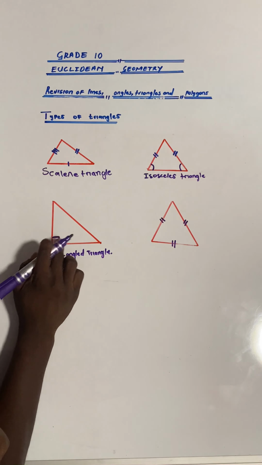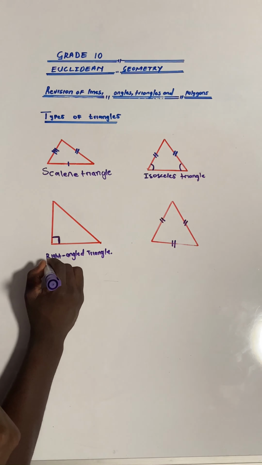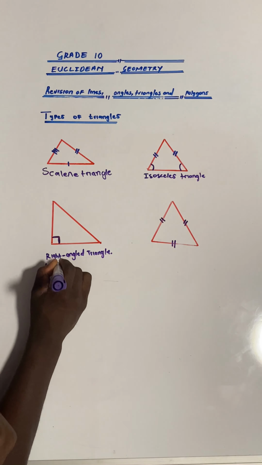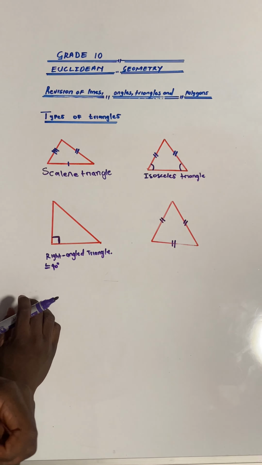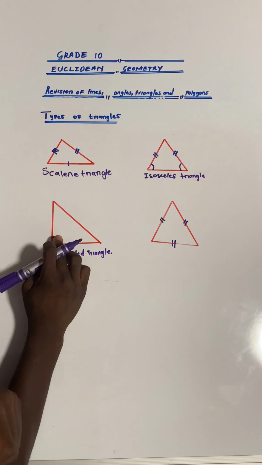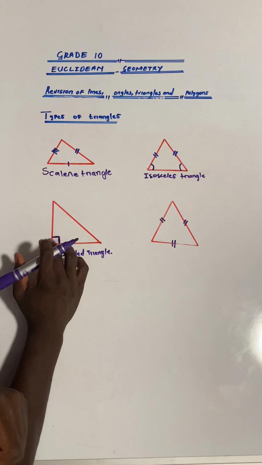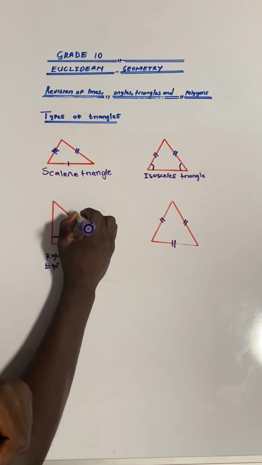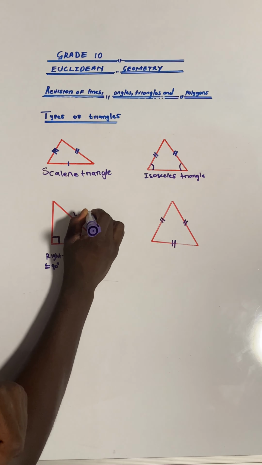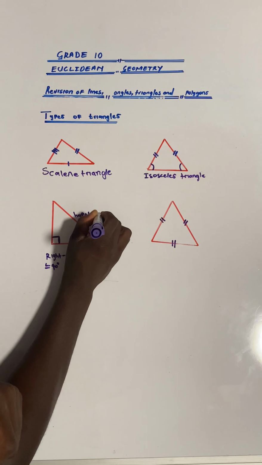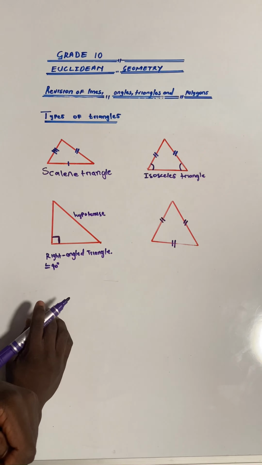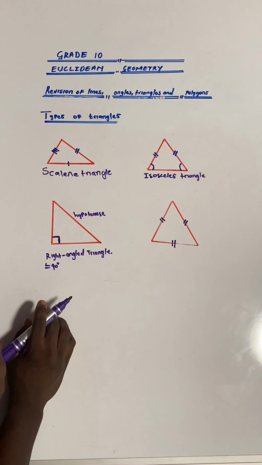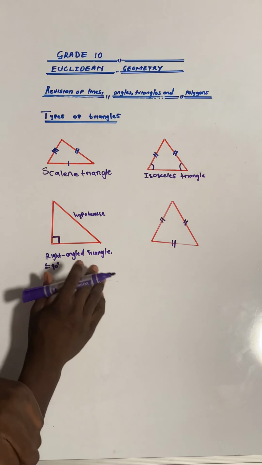Because it has a right angle here, and we know that a right angle simply means equal to 90 degrees. Please don't be confused by that. And we know that the side opposite the 90-degree angle is called the hypotenuse, right? So please make note of this type of triangle, never forget it.